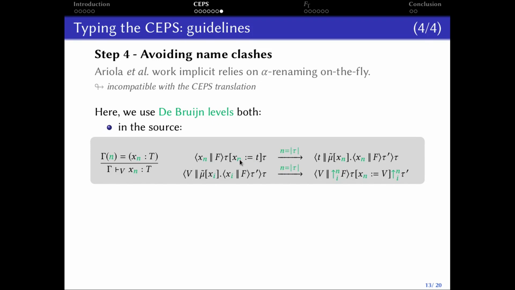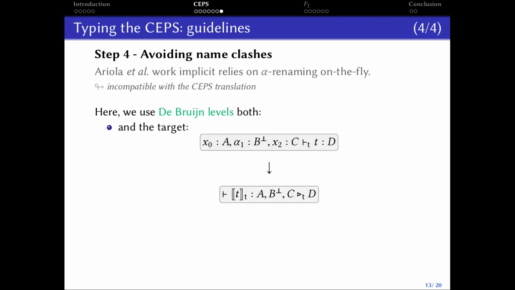When we are looking for xn, we look at the nth position in the store, and if, as we saw before, we want to store back a value v, but some extra elements have been added to the store, there is a mismatch between the levels i and n, and then we have to explicitly say how we lift the mismatching De Bruijn levels.